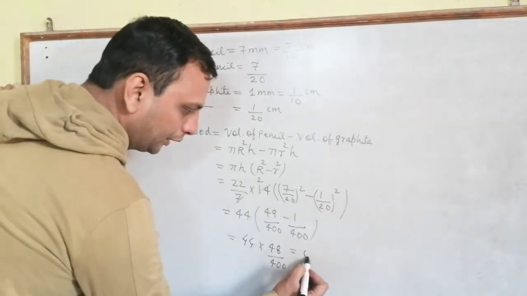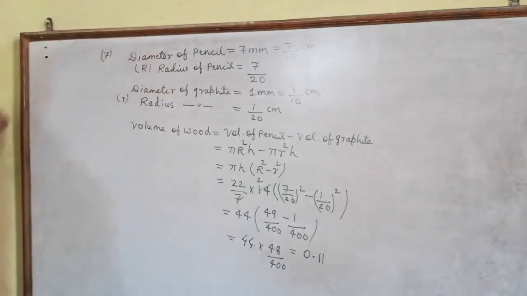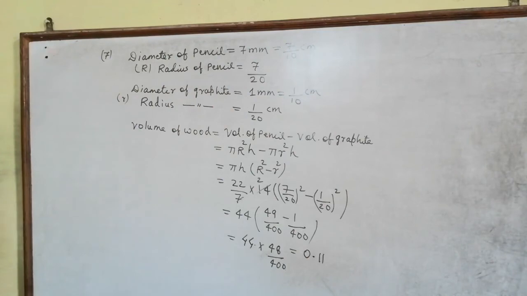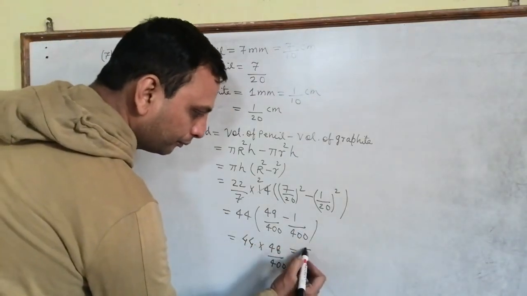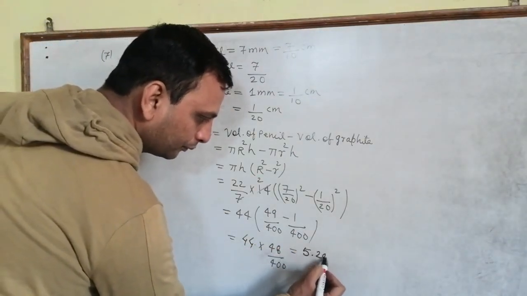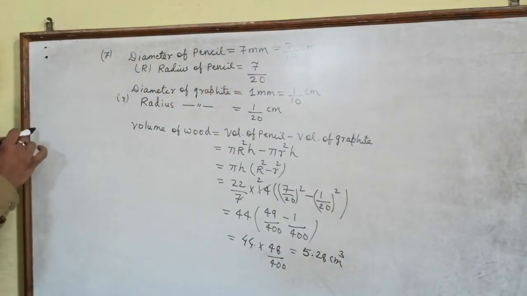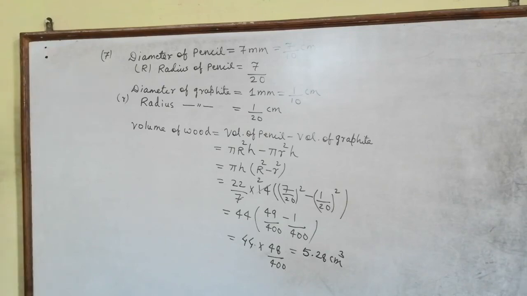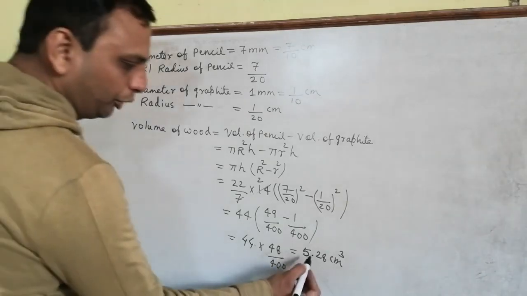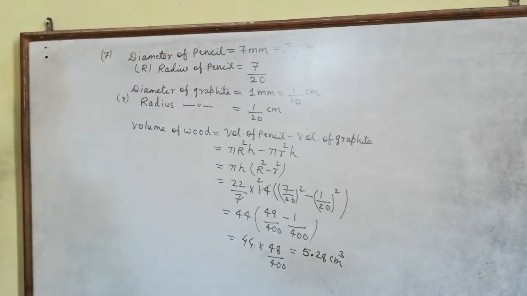So on calculation we will get 5.28 centimeter cube. 5.28 centimeter cube is the volume of the wood of the pencil. This completes question number 7.